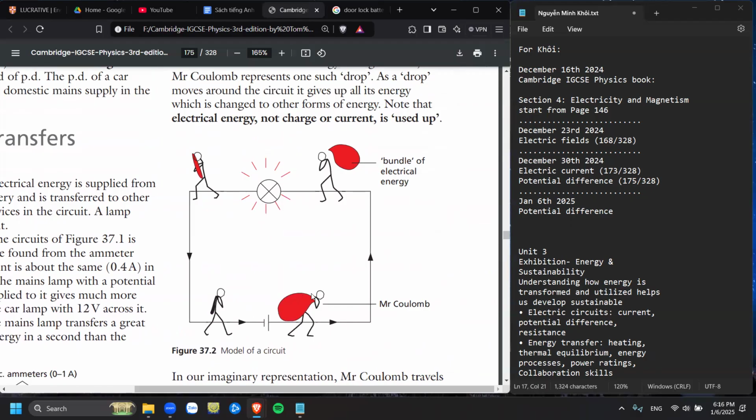And so Mr. Coulomb will leave this battery with much less in his bundle. As a result, the lamp will receive much less electrical energy. It won't light up that much, right?